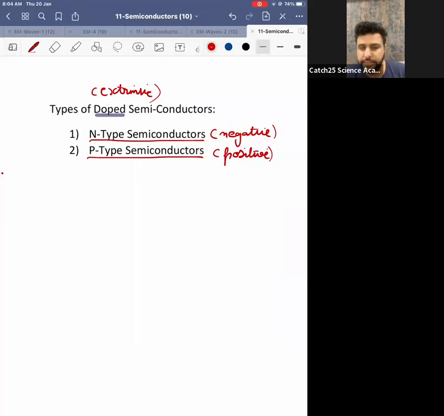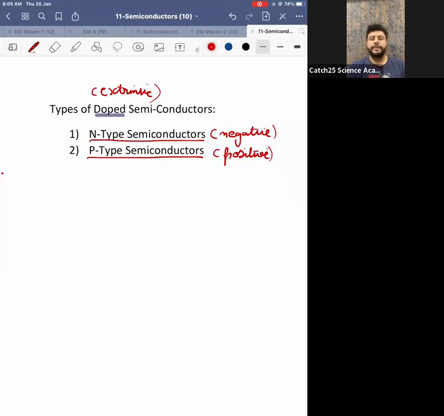And second one is P-type semiconductor. N-type means negative type semiconductor and P-type means positive type semiconductor. Written. Now we'll study N-type semiconductor and P-type semiconductor in detail.